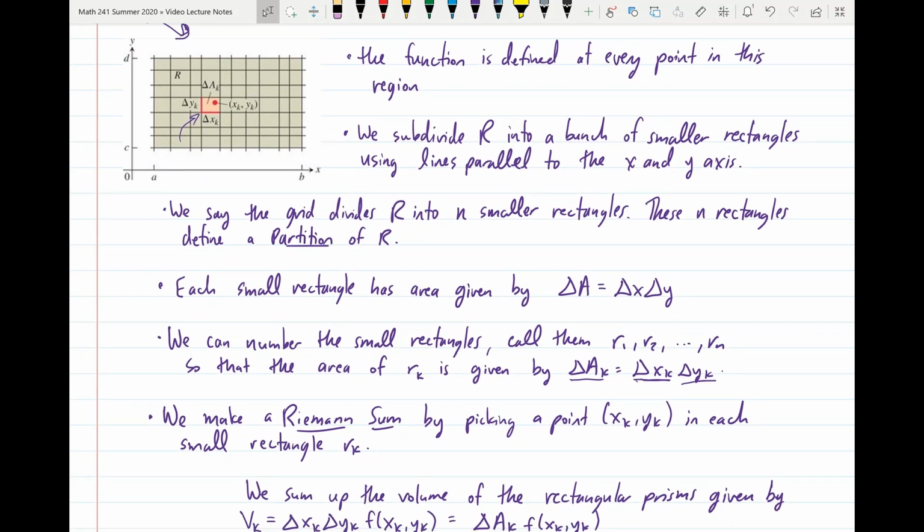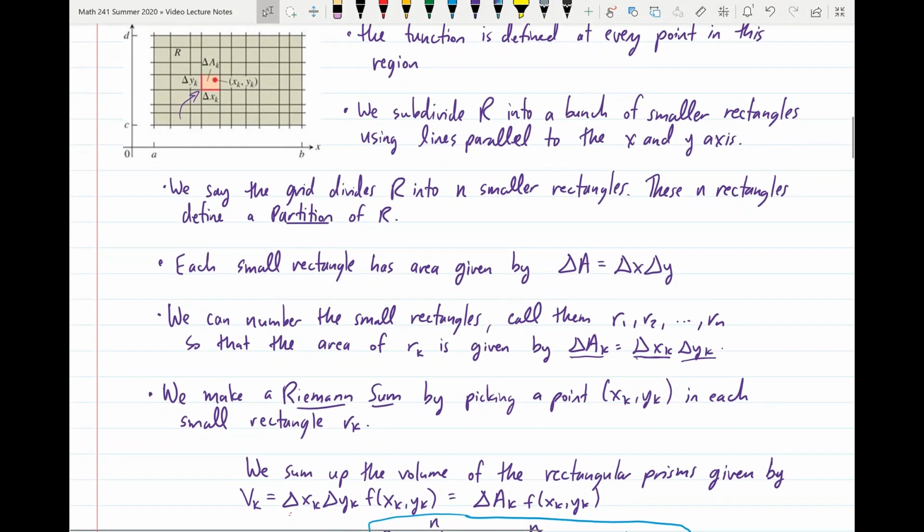And we say that the grid divides our region R into n smaller rectangles. So let's just say there's n of them. And these n rectangles define a partition of R. So by partition of R, I just mean that we're subdividing R into a bunch of smaller pieces such that when you take the union of all of those pieces together, you get back the big region R.